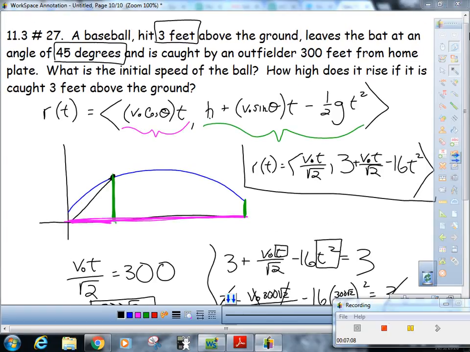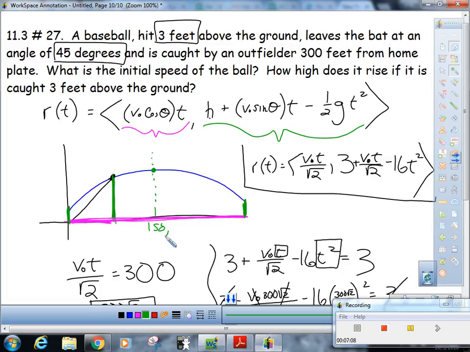How high does it rise if it is caught 3 feet above the ground? Well, there's a calculus way to do this, which I think is the best way, but you also can understand that just so happens that since this problem was hit at 3 feet and caught at 3 feet, the highest point, the apex point, will be the symmetric point in between there, which will happen at 150 comma something.